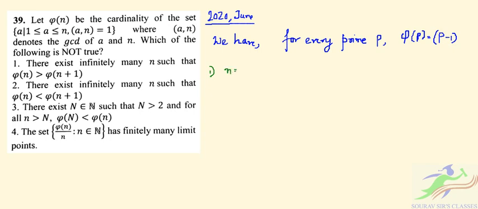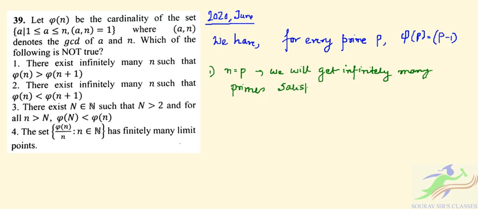Now if we fix n equal to p, then we will get infinitely many primes which will satisfy the relation phi of p is greater than phi of p plus 1, and which states that option 1 is correct. So we have to find the not true, that is the incorrect option.